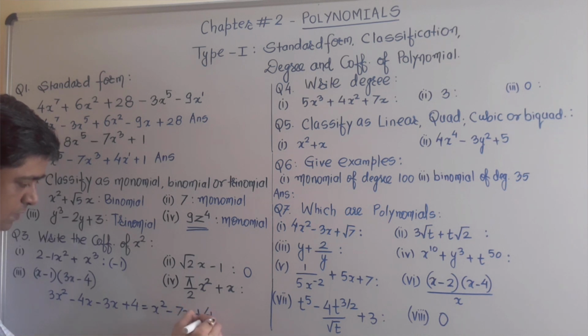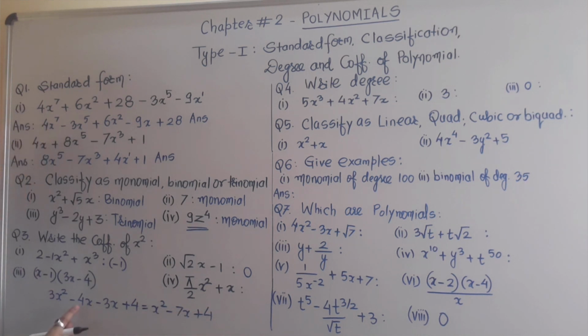How did 7x come here? Because observe 4x and 3x, these are two like terms. The signs are the same, so we can add both of them and apply the sign of the bigger term, that is the minus sign. So we get the final value of part number 3 like this. Now observe the coefficient of x square. Nothing is given, so I can assume 1, and the coefficient will be equal to 1.